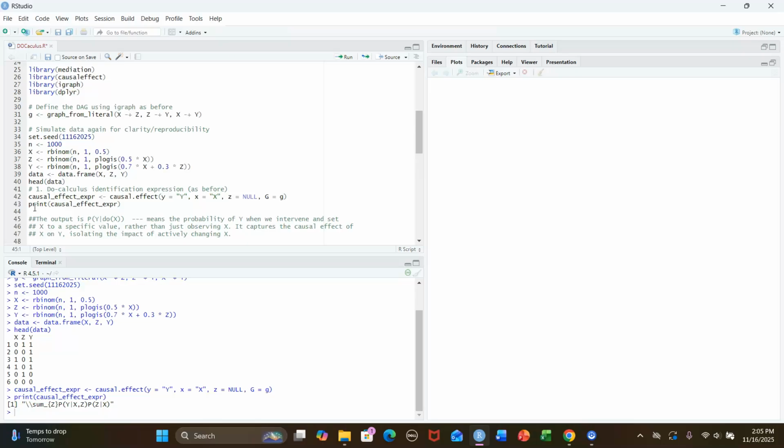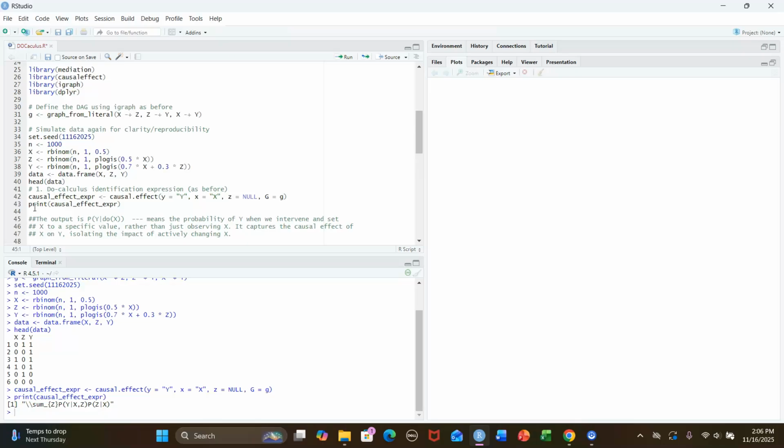So what this means is this is actually the probability of Y given do of X. And this is a critical concept in Judea Pearl's work. This is the probability of Y when we intervene and set X to a specific value rather than just observing X. So it is really different from the traditional conditional probability of Y after observing X. Here we try to mimic the interventions so X can have different values.